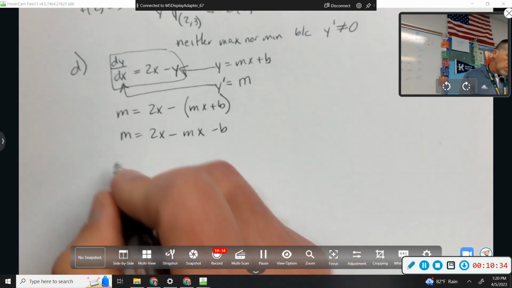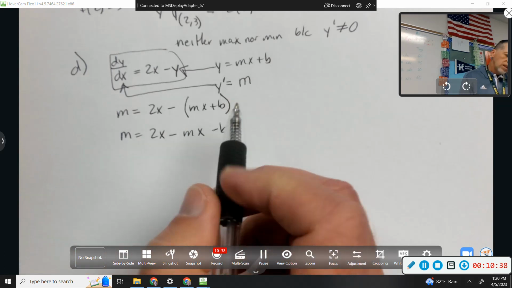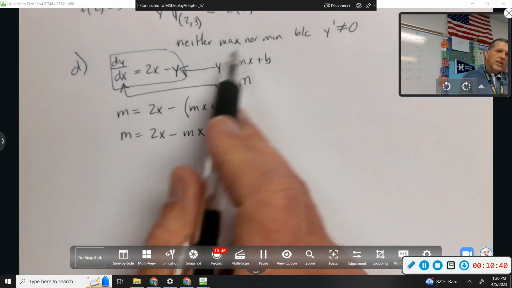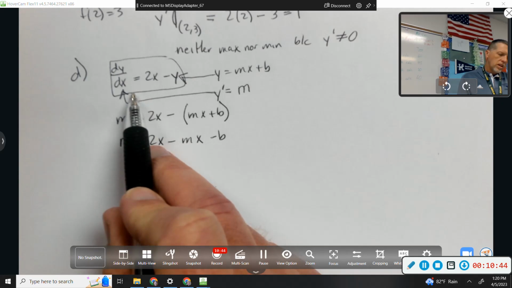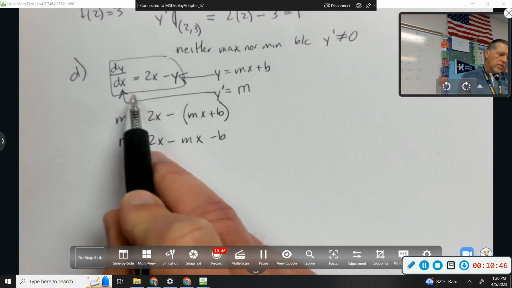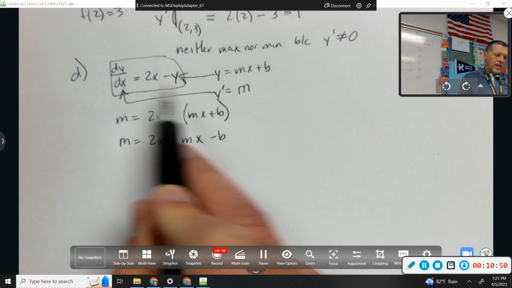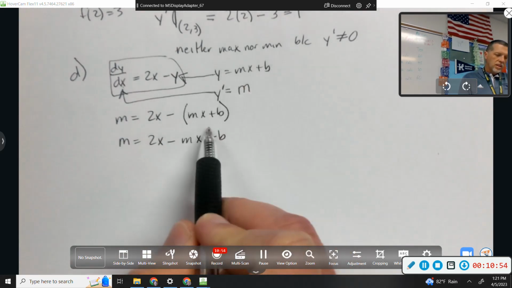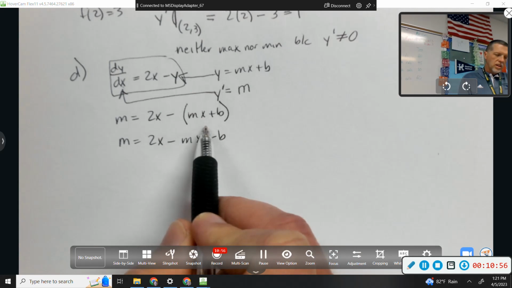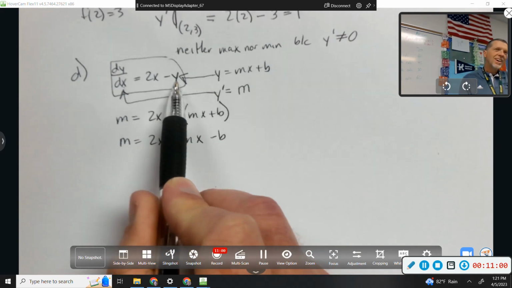If you just plug in the m instead of the y. I plugged in m for dy/dx, and then for y I plugged in... But y doesn't equal m. y equals mx.